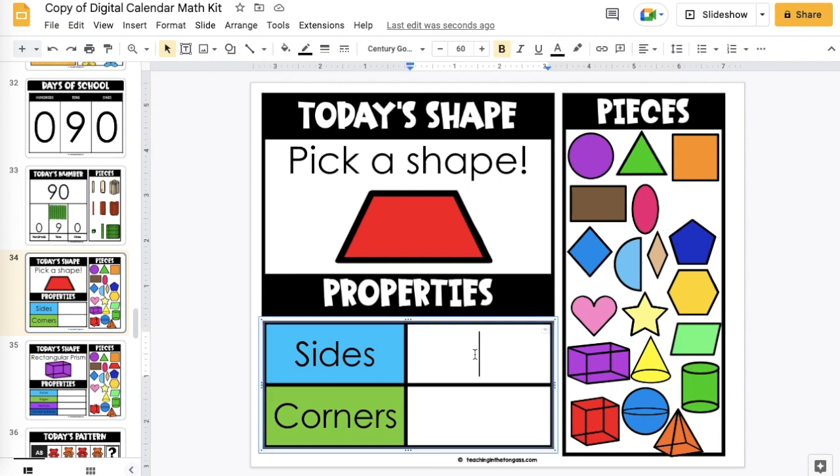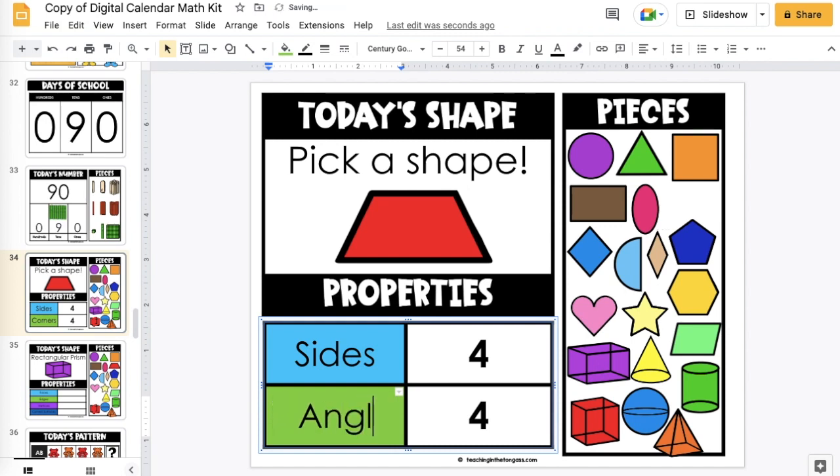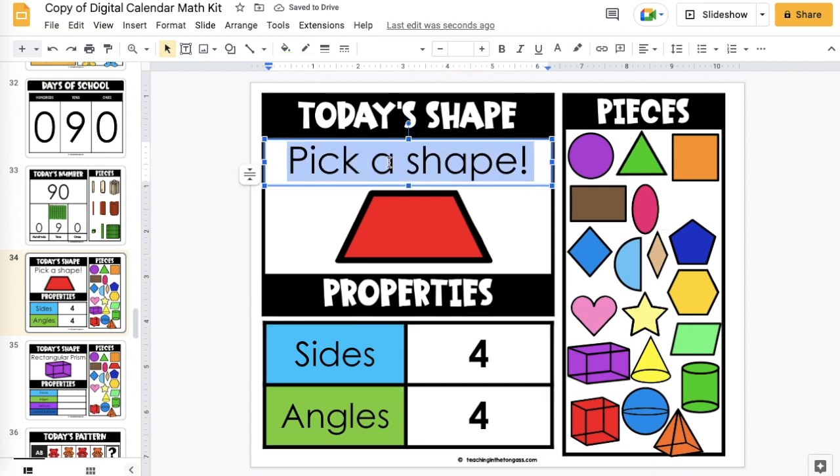So we'll go ahead and down here in the properties add 4 to the table, and it'll be 4 sides. 1, 2, 3, 4 corners I'm counting. And another word for corners that we're going to start using now that we are in the middle of the year is angles. It's the same thing, we're just using the math word, angles. And this is called a trapezoid. This 4-sided, 4-angled shape is a trapezoid.